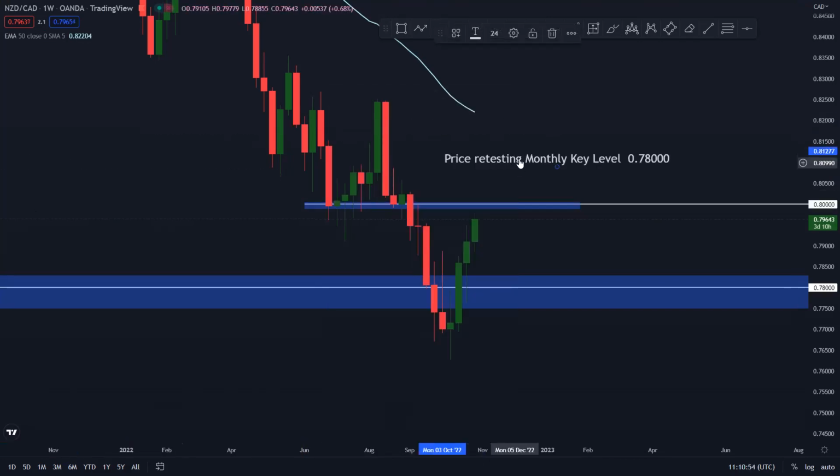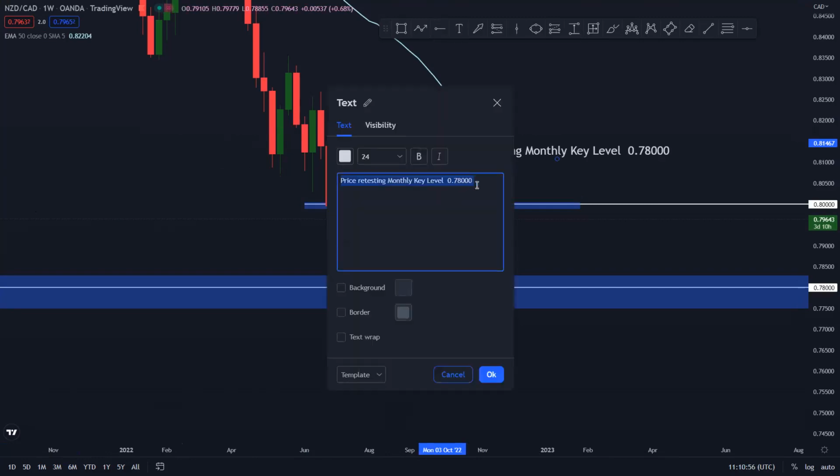Here we had price retesting monthly key level 0.78,000.